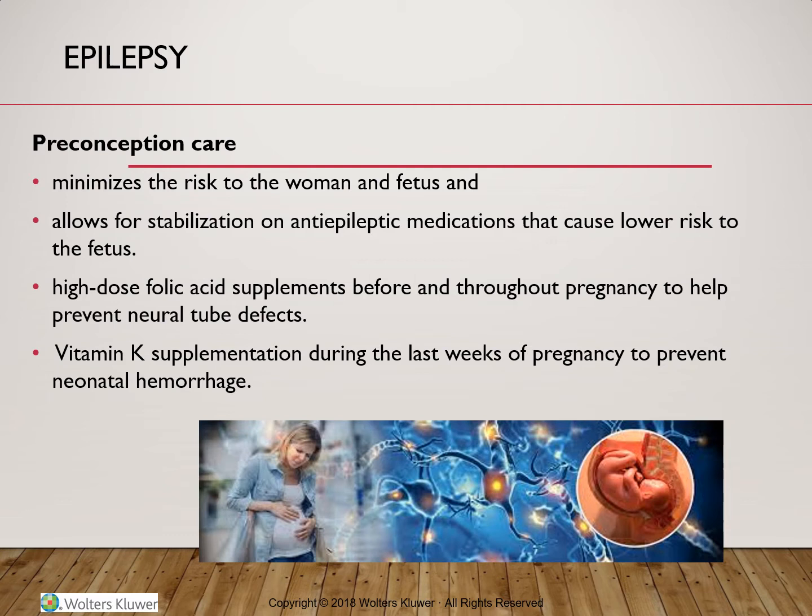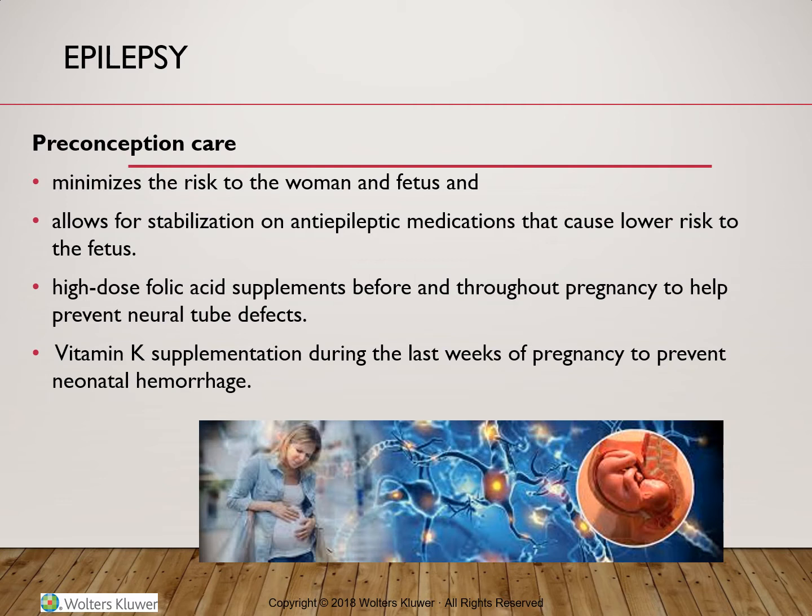The woman needs to wait at least 6 months after changing the therapy before becoming pregnant in order to stabilize the treatment and make sure that there is not an increase in the seizures.